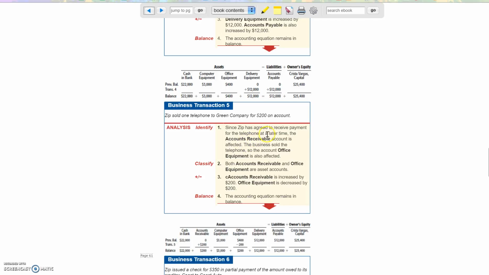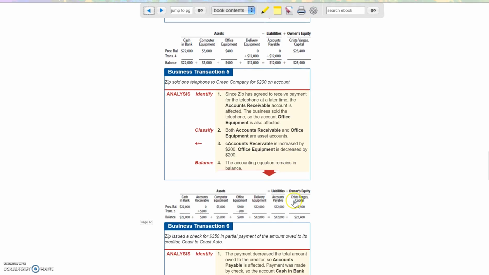So we're going to affect accounts receivable, and now we have less office equipment. So accounts receivable is an asset. It's a future value to us, and office equipment is an asset. The accounts receivable is going up because we're going to get $200 in the future, and office equipment is going down.